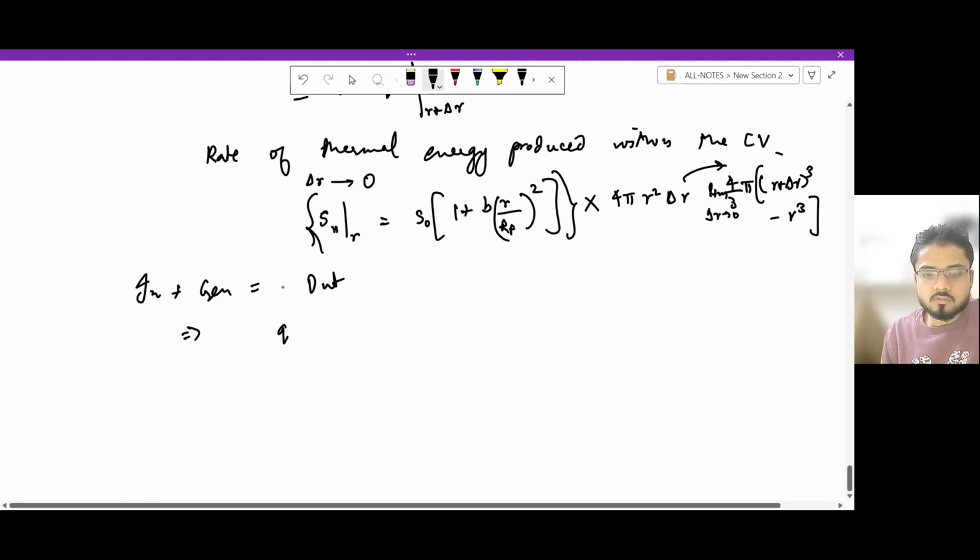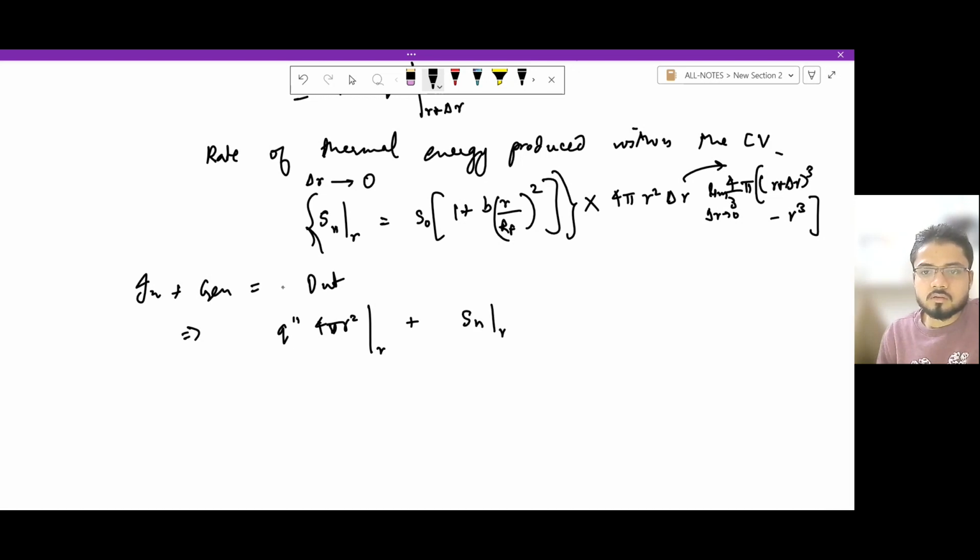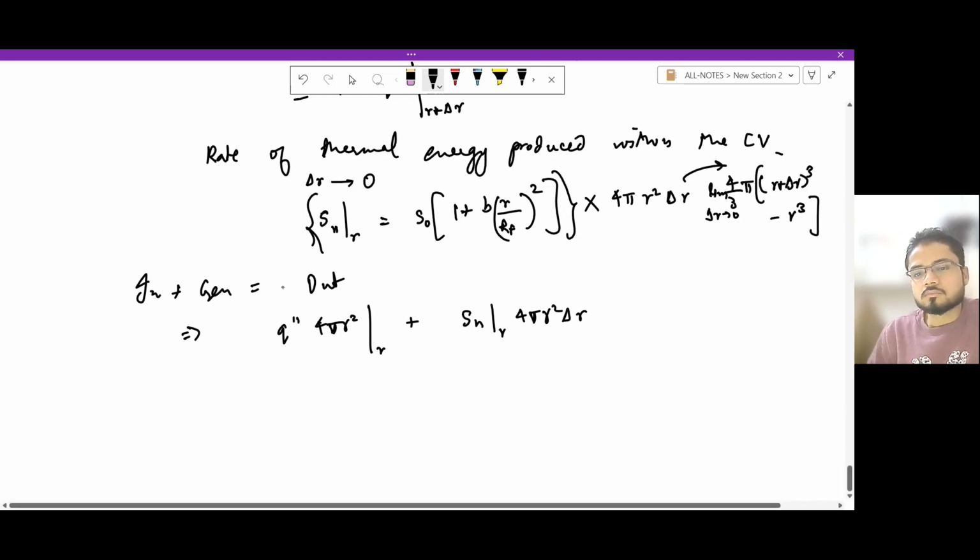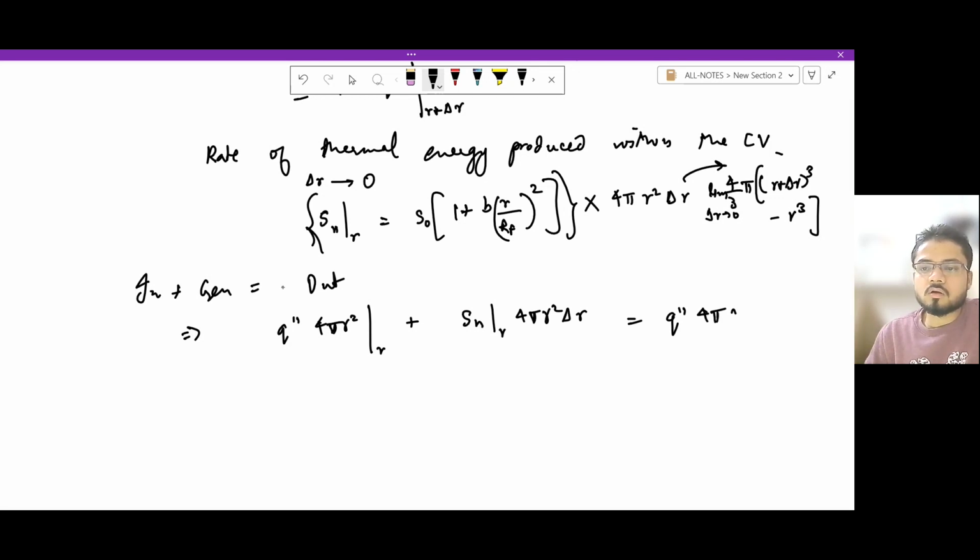So this would give us q double prime times 4 pi r squared at r plus S n r times 4 pi r squared del r would be equal to q double prime 4 pi r squared at r plus del r.